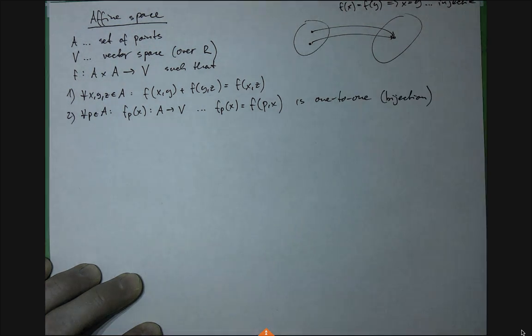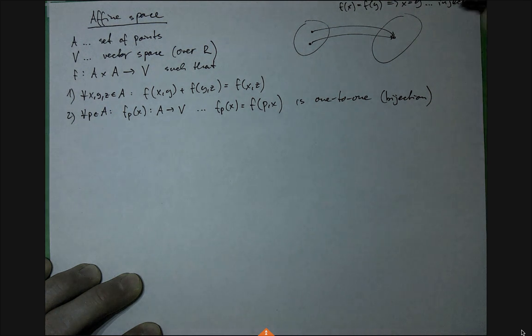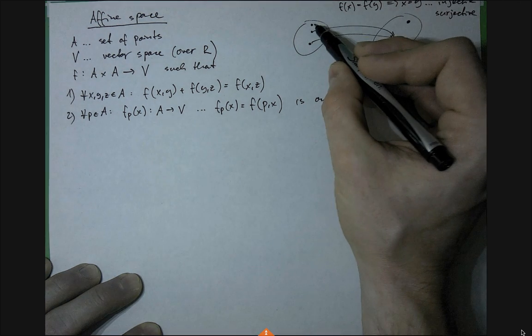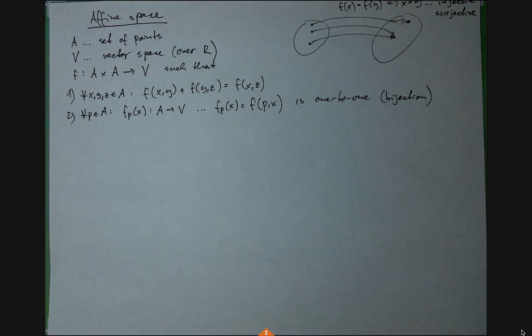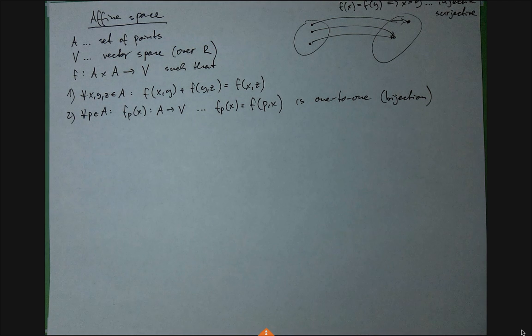That means also that I can invert the function. So that's injectivity, and then there is surjectivity. I hope it's taught in English in the same words, or onto or something like this. Surjective means that for every point here, I can find a point here such that the function maps there some value. And a bijection means that the function is both injective and surjective.